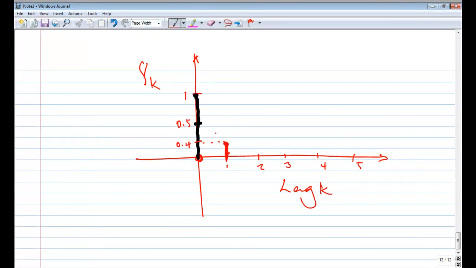This is your peak. If k equals 0, this is what you have. If k equals 1, this is what we have. If k equals 2, we have 0, k equals 3, 0, and so on. So this is how you plot the autocorrelation graph.